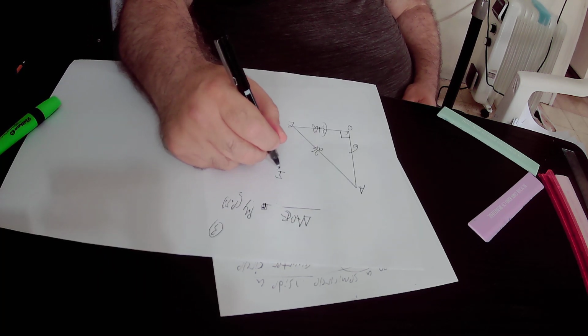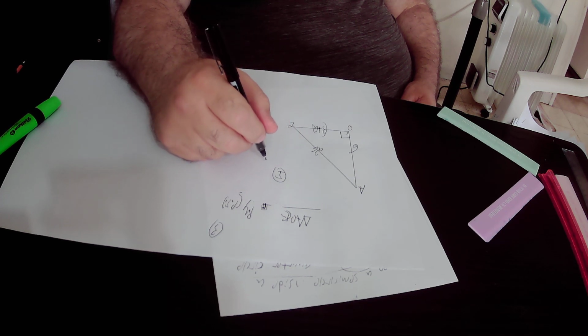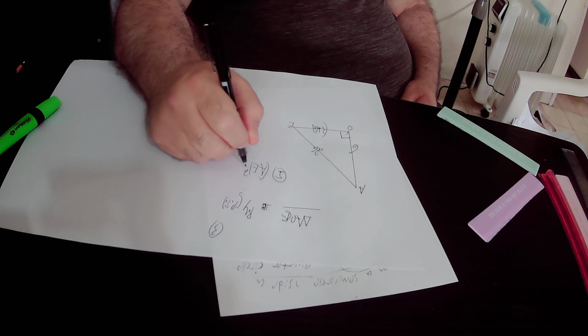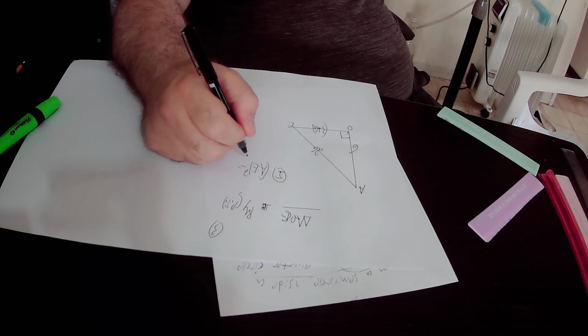That is to say, the hypotenuse is AE and the square of the hypotenuse is AE squared, and it is equal to the sum of the squares of the perpendiculars.